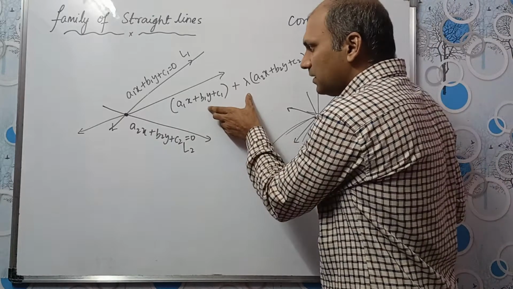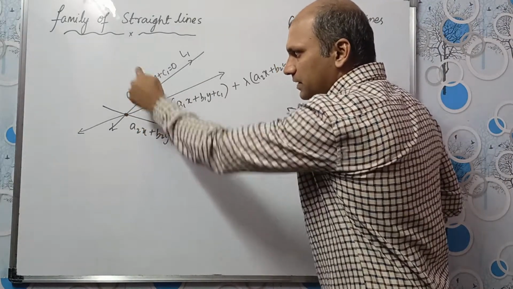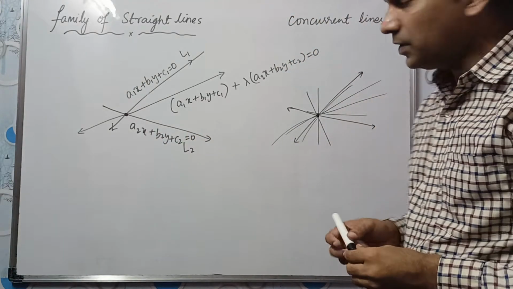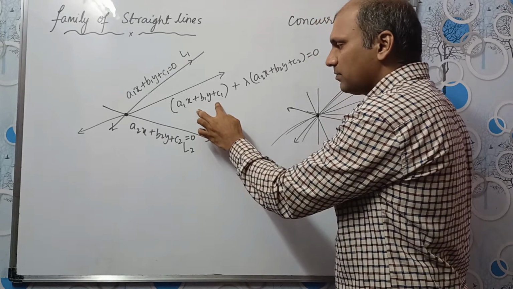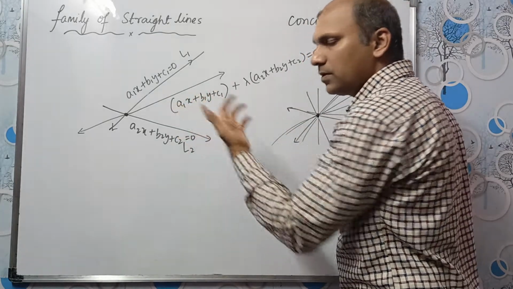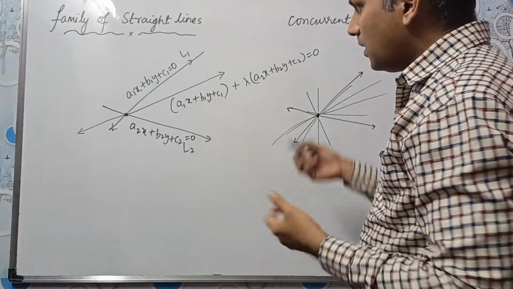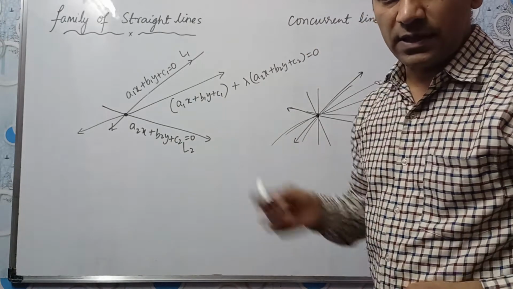Lambda is a parameter, it can take any value. This is the equation of the line which is passing through the point of intersection of these two lines. We can write A2x plus B2y plus C2 first, or lambda here also, it doesn't matter. In some books lambda 1 and lambda 2 will be given, it is exactly the same.